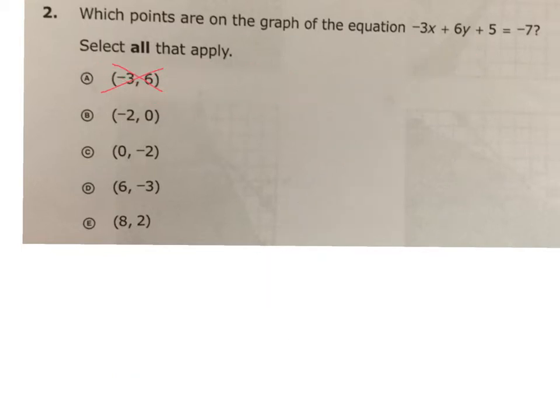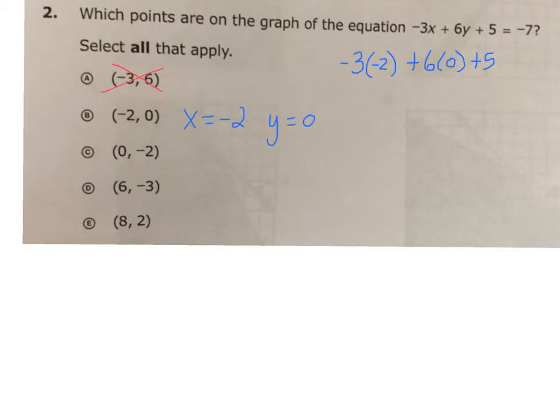On B, what does X equal? Negative 2. And what does Y equal? 0. And so I'm going to plug negative 2 in for X and 0 in for Y. So I have negative 3 times negative 2 plus 6 times 0 plus 5.